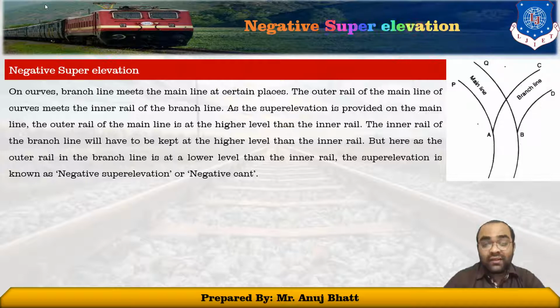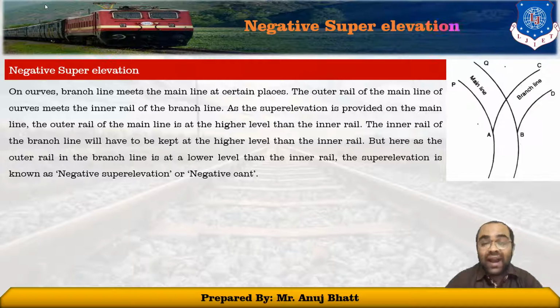At that time, the outer rail of the main line of the curve meets the inner rail of the branch line.